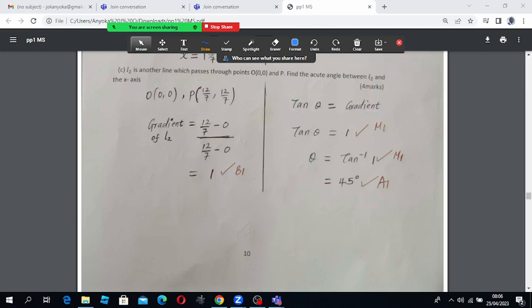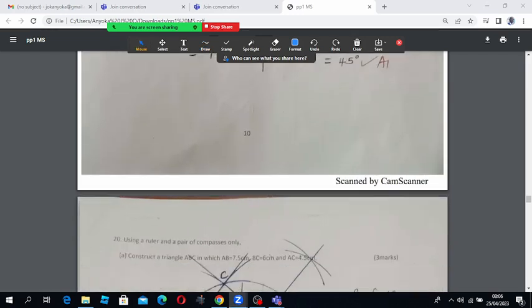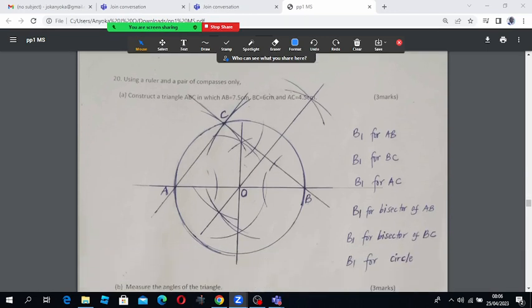Our next question is question 20, which is based on construction. I will just shed some light on how this construction is observed.